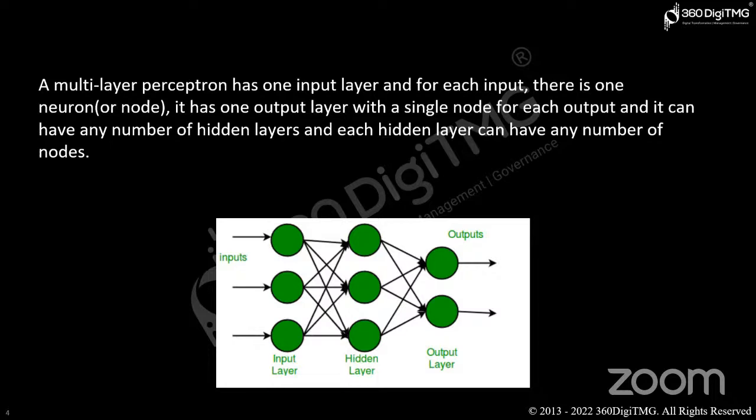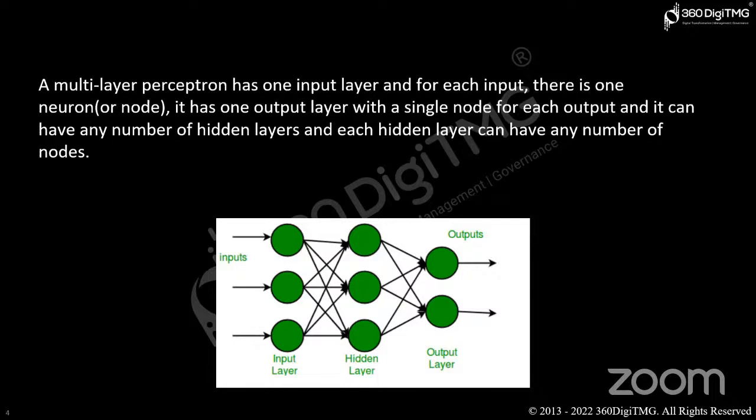So how will the processing happen? The nodes in the input layer take the input and forward it for further processing. In the diagram, the input layer forwards its output to each of the three nodes in the hidden layer. In the same way, the hidden layer processes the information and passes it to the output layer.